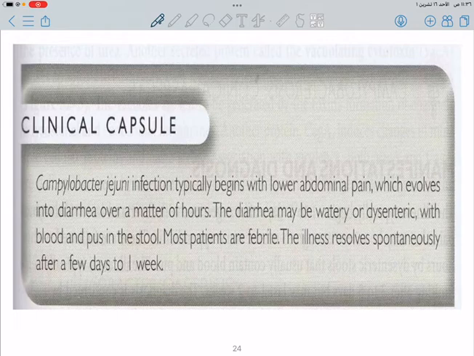So Campylobacter is one of the causes of bloody diarrhea. We will have other microorganisms in our system and other systems causing bloody diarrhea. One of them is Campylobacter. Okay, remember it. And sometimes it may be quite severe and may stay more than 1 week, and in that case, it requires treatment.